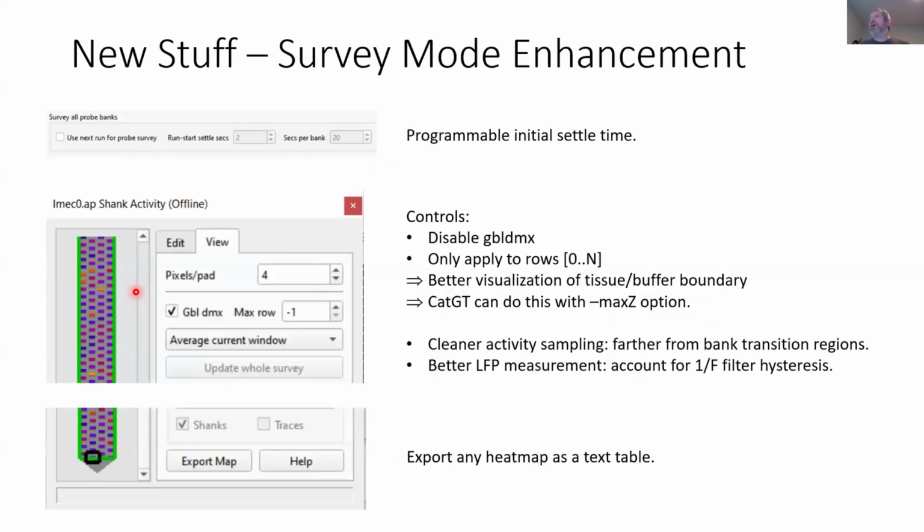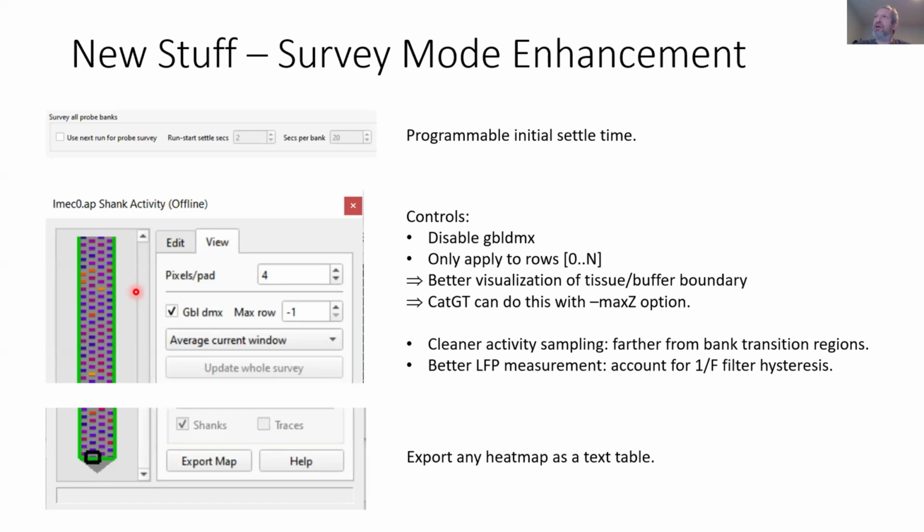Other new things. So I've been improving our survey mode. By the way, survey mode, that's a function, as Josh was pointing out, to find activity everywhere on your probe for selecting what sites. That's something we've had now for maybe 6 years. Anyway, we're improving the signal to noise in this function by making sure to put bigger margins around the places where the hardware is making transitions.